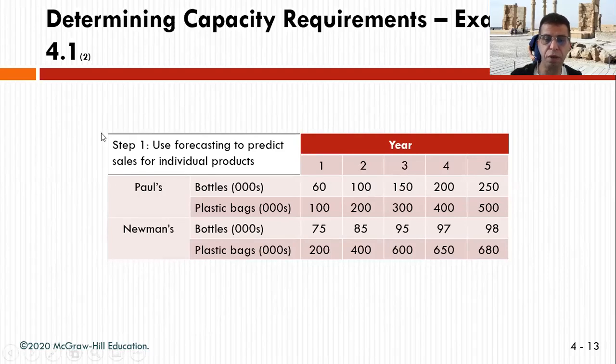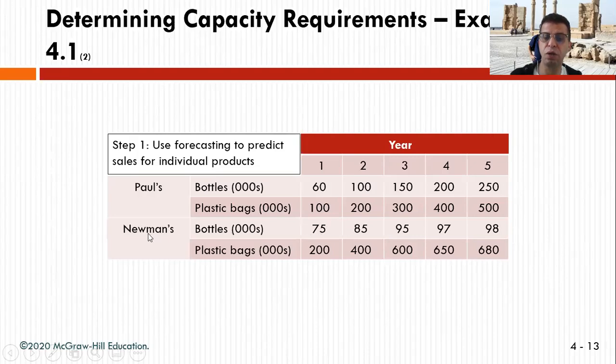So the first step, you use forecasting to predict the sales for the individual products. For example, in the first year, for Paul's, in bottles we need 60,000, and in plastic we're going to need 100,000.